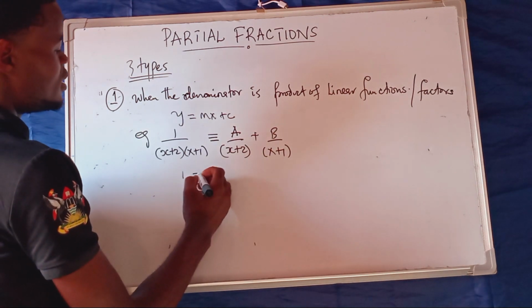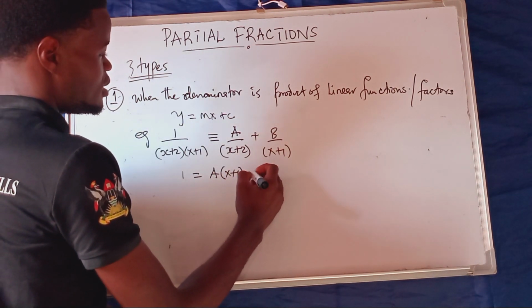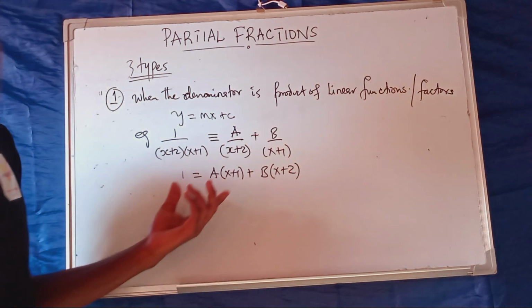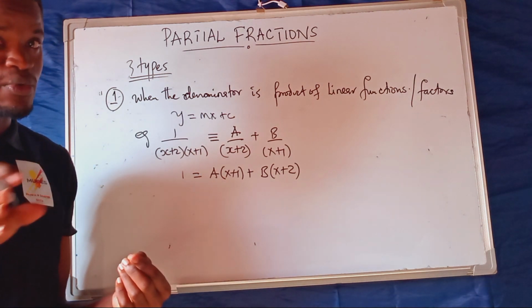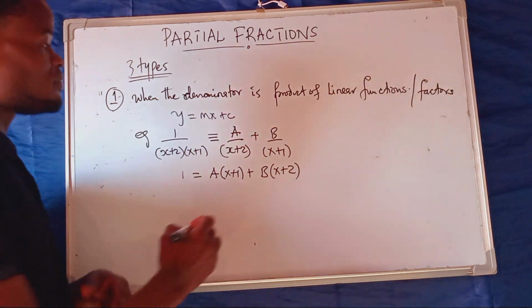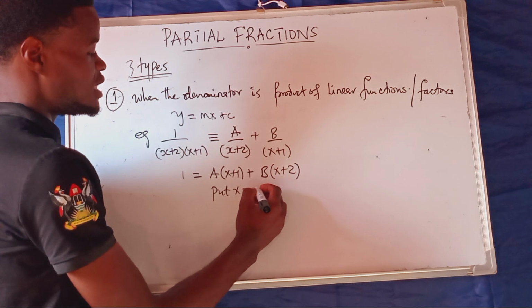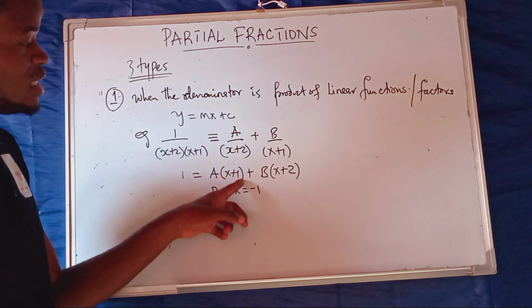So we have 1 is equal to A into (x plus 1) plus B into (x plus 2). If you don't understand where I'm getting this, go back to the previous example we have just done. Automatically you shall arrive at this. From here I can put x equal to negative 1, to eliminate this term.